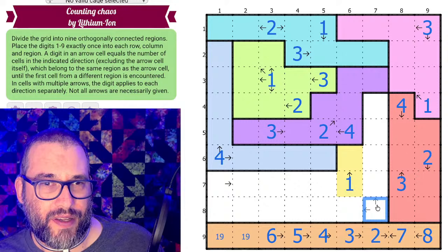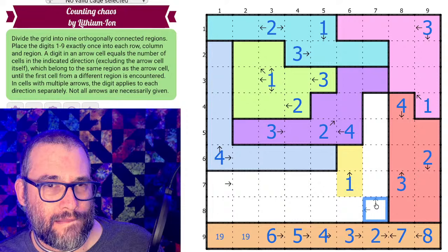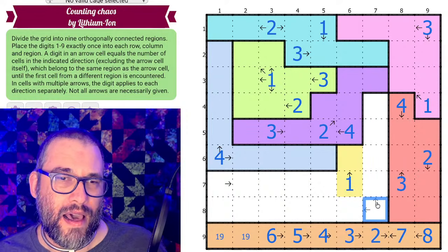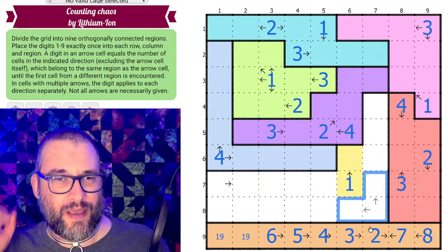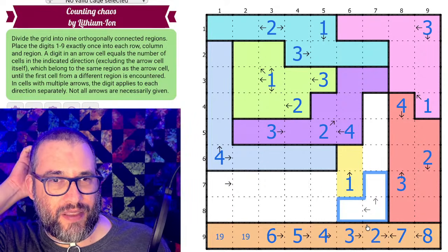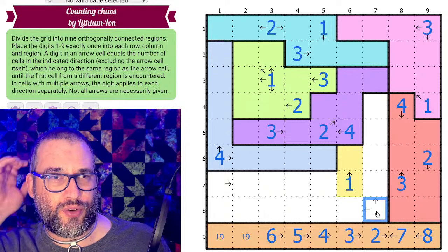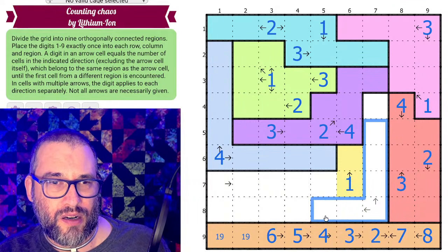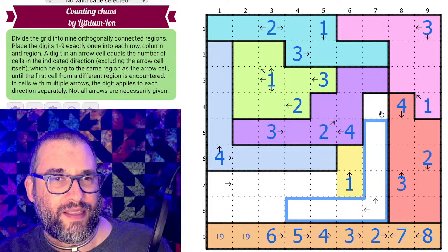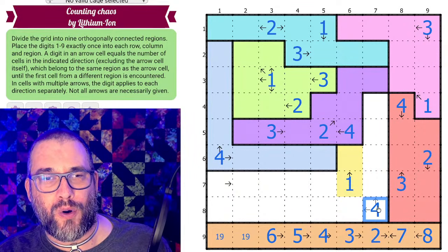Let's see. A 1 here would limit this region to just being these cells. So it's not 1, it's not 2, it sees a 2. 3 here would isolate this cell. We can't have that. So this is actually a 4.